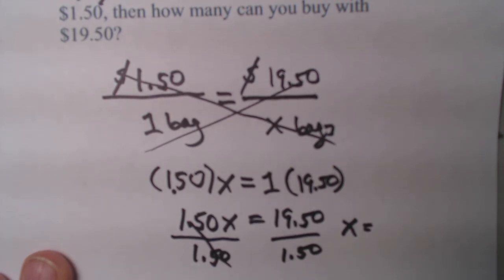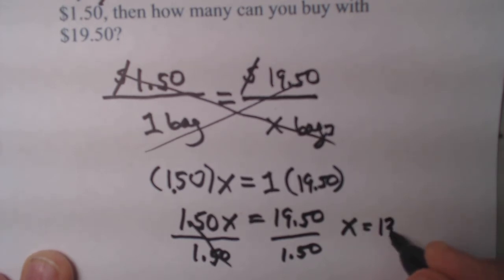Okay, if you're having a little trouble with that like I am at the moment, 19.5 divided by 1.5, equals, well, let's try this again, 19.5 divided by 1.5, okay, 13, 13 bags.